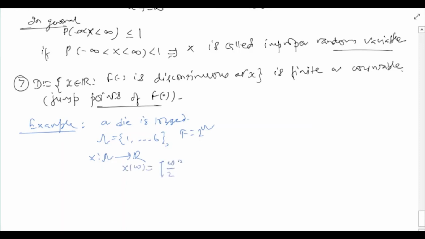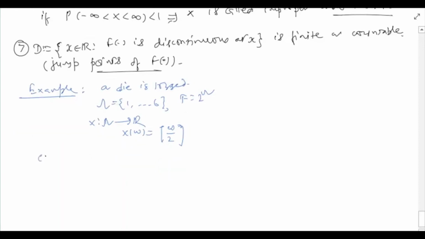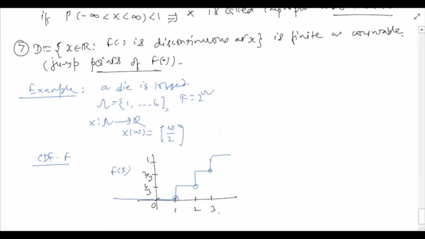Recall that in this case the CDF F of x had the following form: 0, 1 by 3, 2 by 3, 1. So this was F(x).